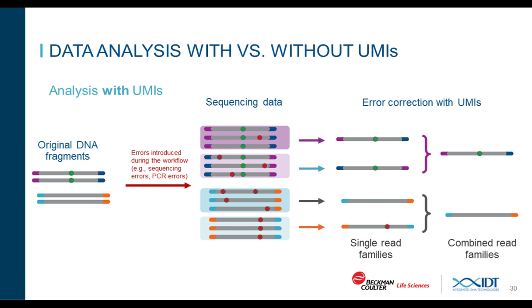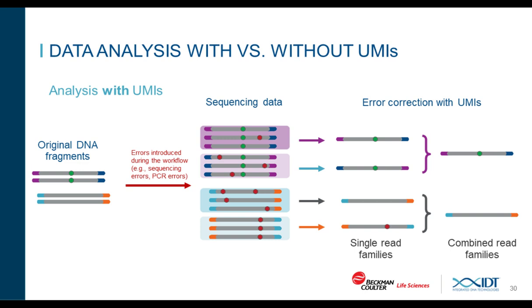So with the sequencing data, the shaded regions represent read families before consensus read generation. Using both the start-stop position and UMI sequence to deduplicate reads. This method uses all sequencing data from the read family to choose the most likely base at each position from beginning to end. This can be done with single read families or combined read families.